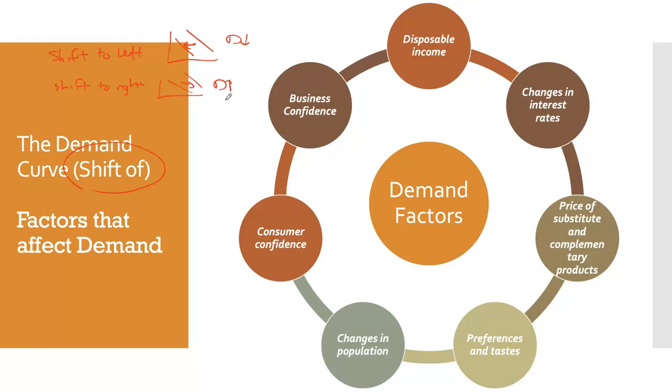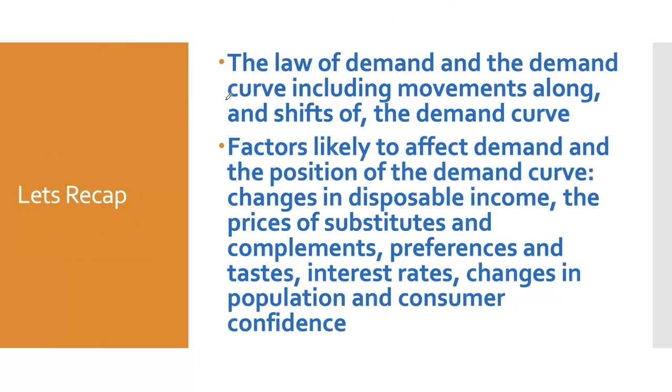And let's recap on quite a long video. I hope that this has helped you understand the law of demand. Price increasing equals demand going down. Price decreasing equals demand going up. This results in demand curves, and we understand that movements along are as a result of changes in price, and shifts are a result of other factors impacting.